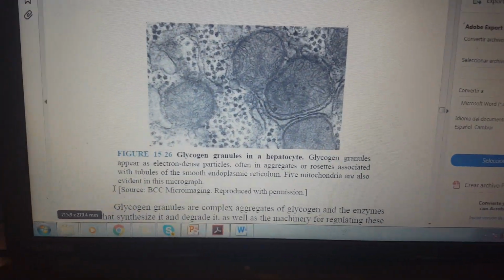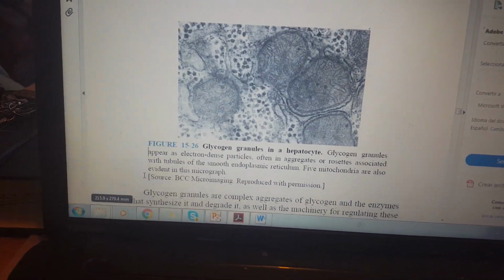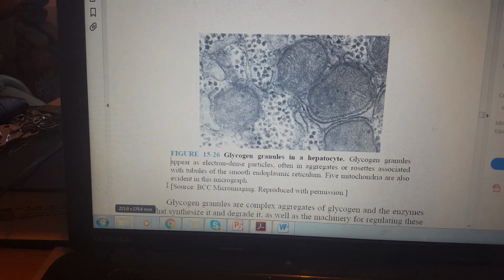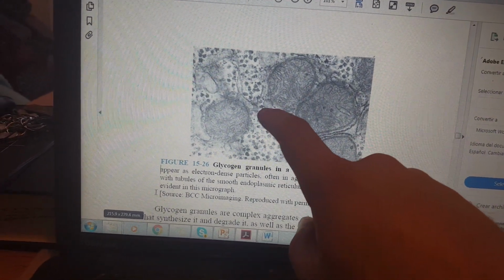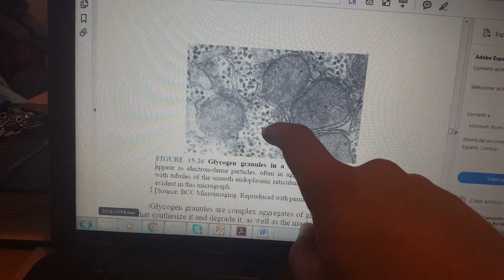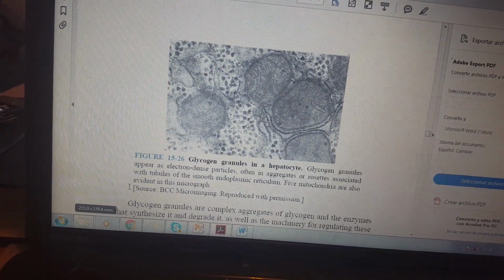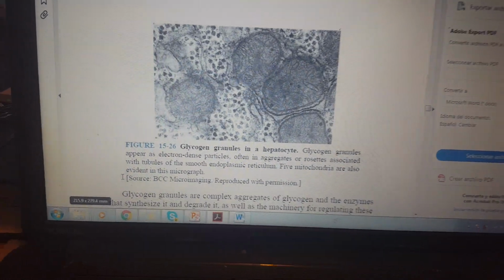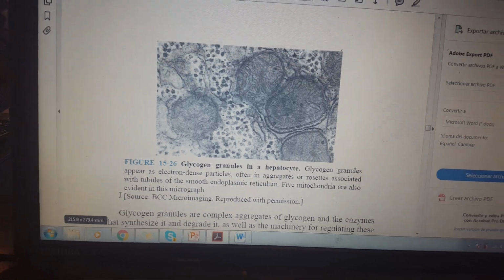Another thing to remember is that glycogen is stored in granules in a hepatocyte. As you can see here, these circular things in the cytoplasm of the cell form the glycogen, and these big things are mitochondria.